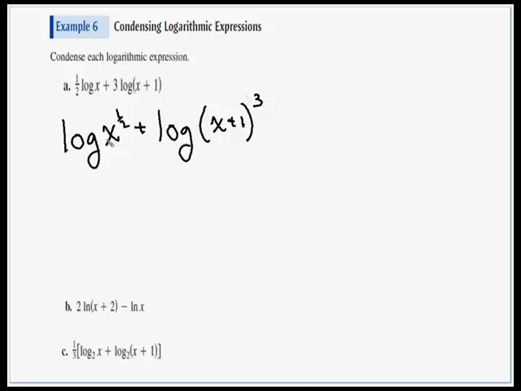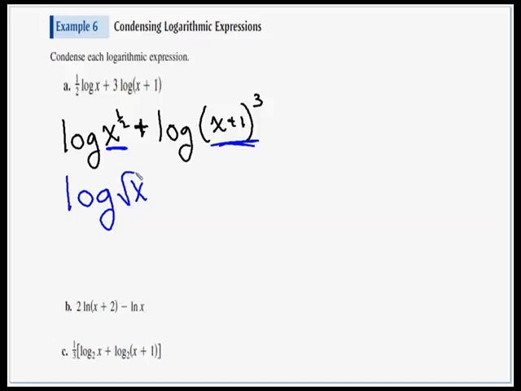And we have two log base 10s that are being added together, so we can turn that into a single log of these two quantities multiplied. So this is going to boil down into the log of the first quantity, x to the half. And let's even rewrite that. X to the half power is the square root of x.